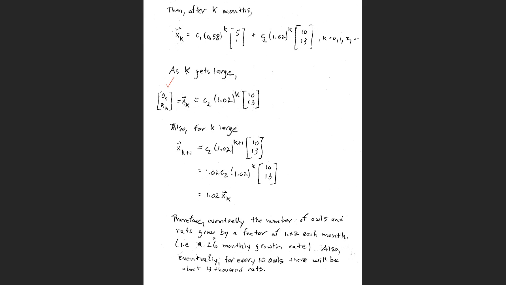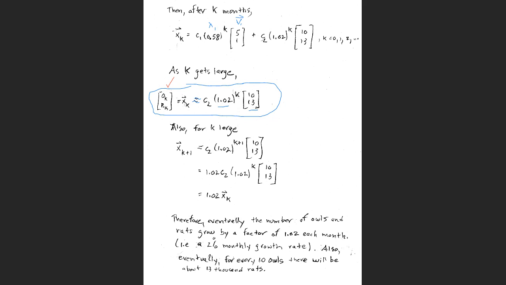All right, x sub k, when k gets large, is going to be approximately equal to C2 times 1.02 to the k times the eigenvector (10, 13). And just to emphasize things, this is lambda 1, this is eigenvector v1.